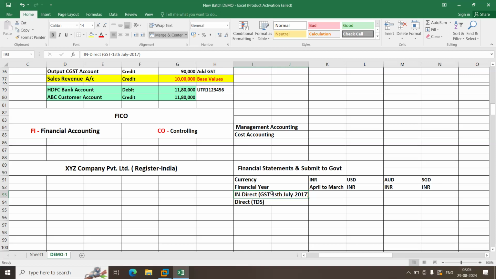Some high-level meetings are going to happen. Generally, the audit team is more involved in the tax part, the CA people. They attend if required, and government seminars and discussions also happen. So they keep working on the updates on GST.